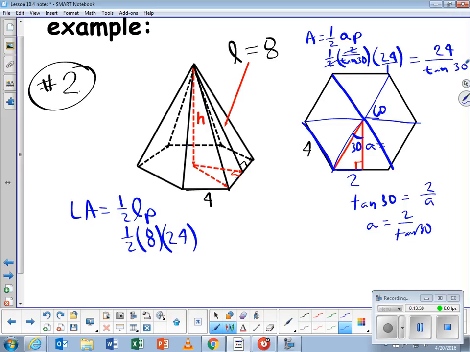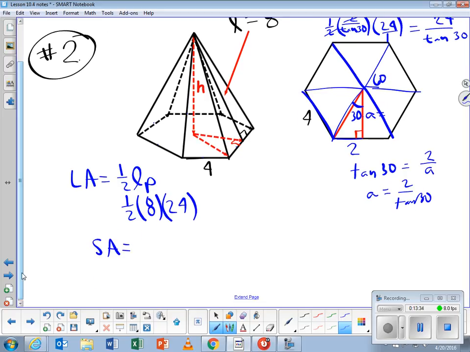So, if I add that to this, then the surface area is going to equal half of 8 is 4. 4 times 24 is 96. Plus the base area, which is 24 over tan 30. And if I round that to the nearest tenth, I'll have my surface area.